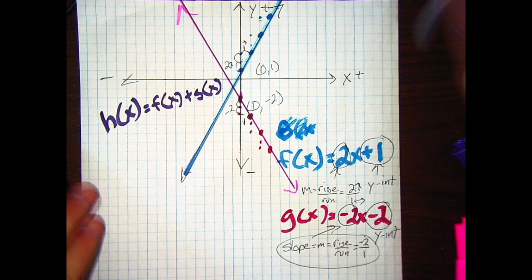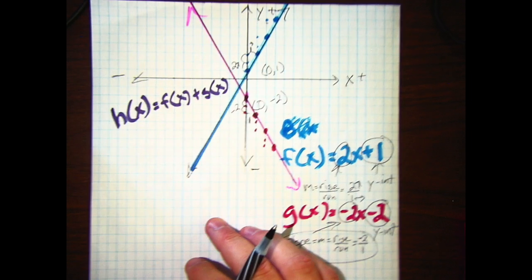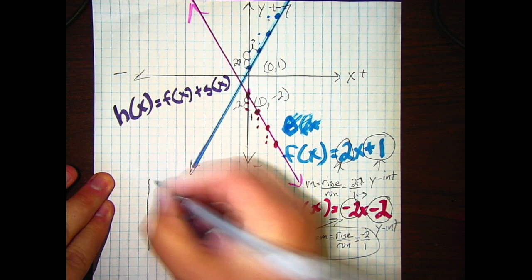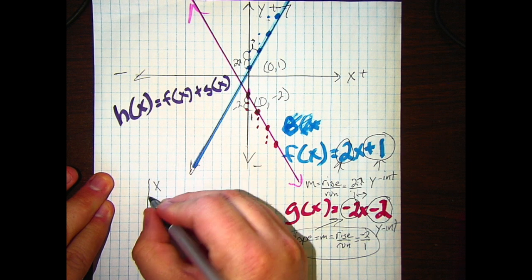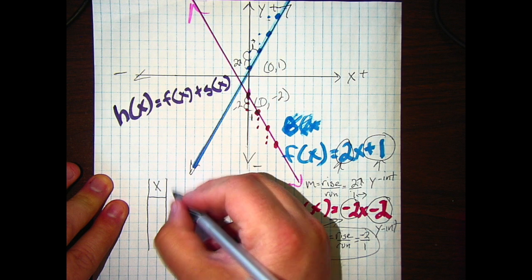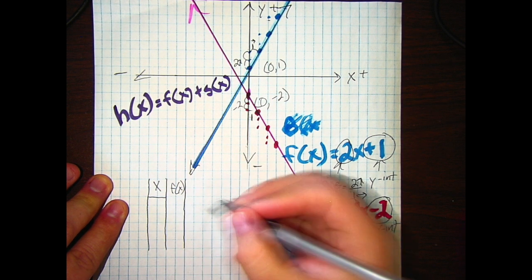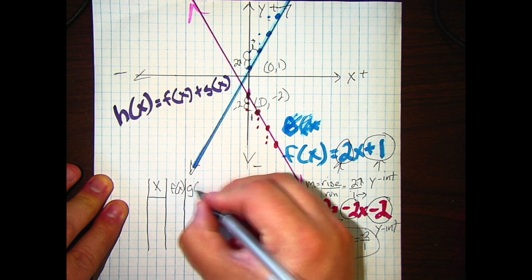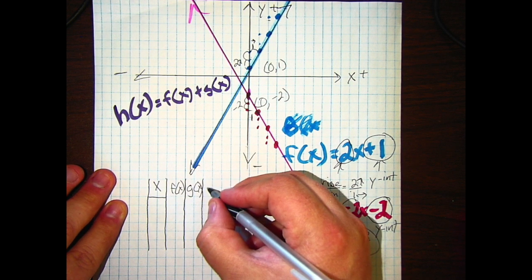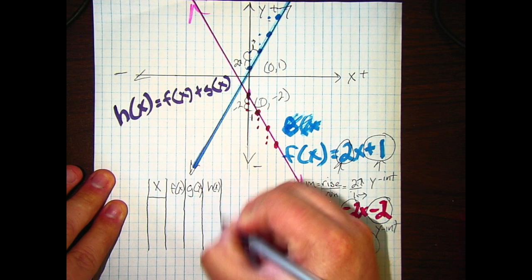Now the way that we're going to do this is we're going to make a table of values where I have my x values. Then I'm going to have my f of x values, then my g of x values, and then my h of x values, which is the sum of those two values.